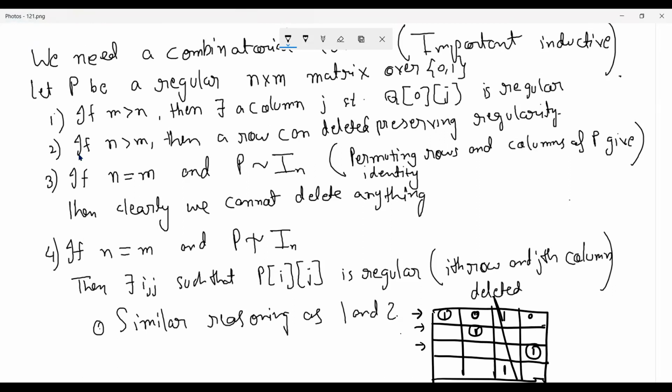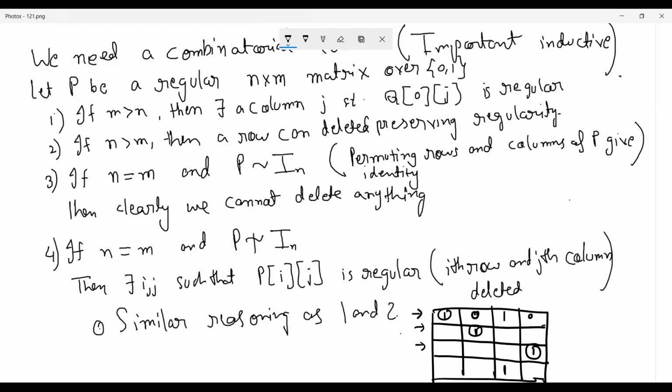So you cannot, one second. If you remove this column, then it is not regular. So I don't know why I removed that column. I should have removed the other column. Yeah, but anyway, the point is that let's work it out again. That's important.